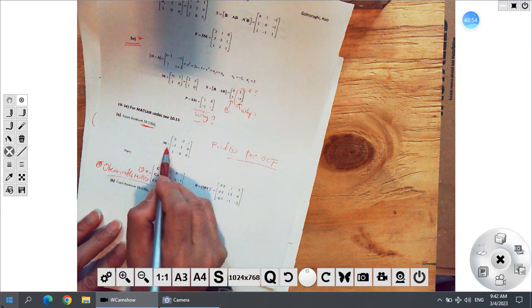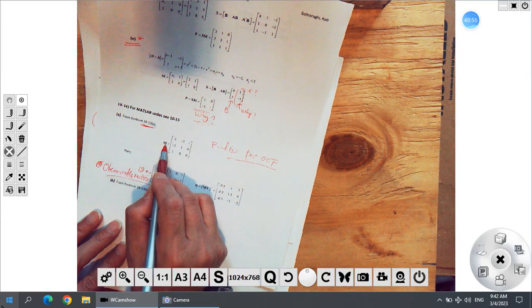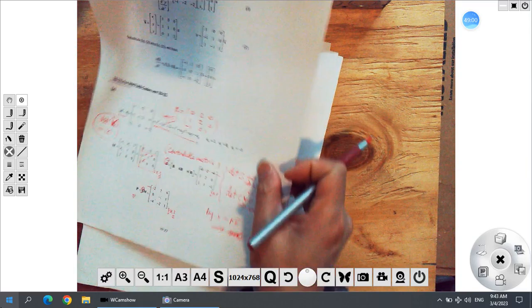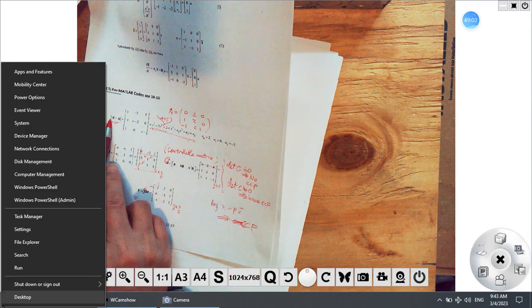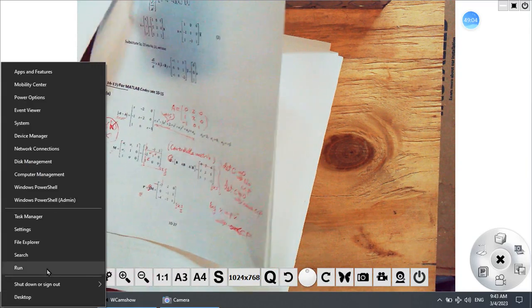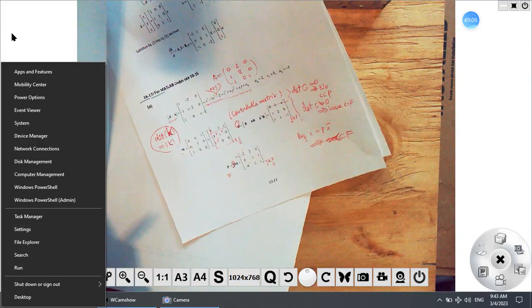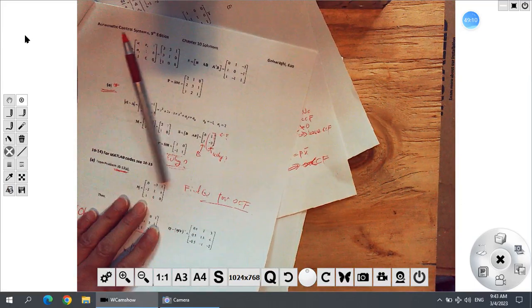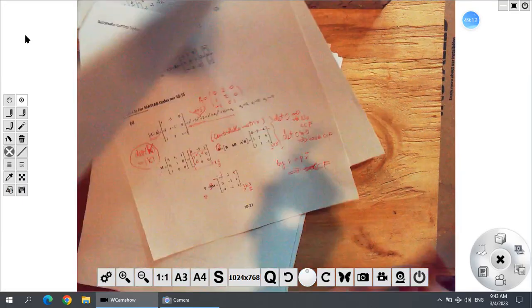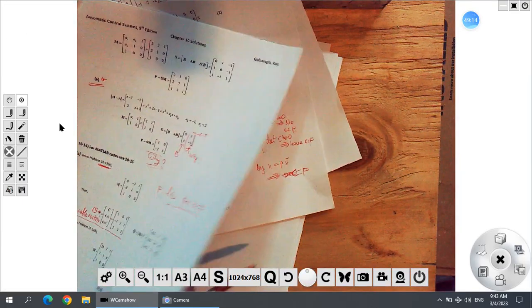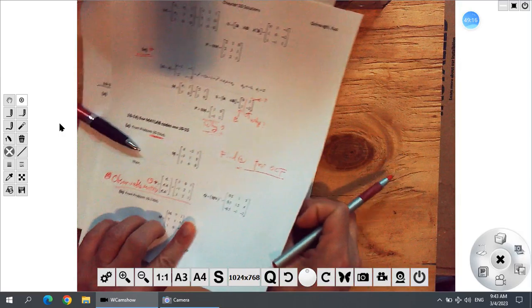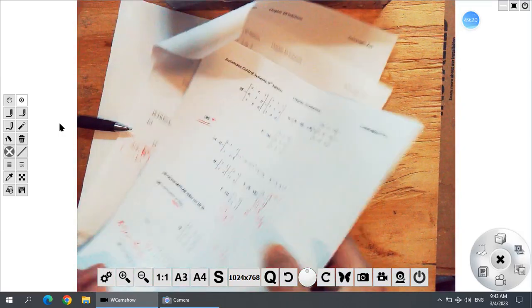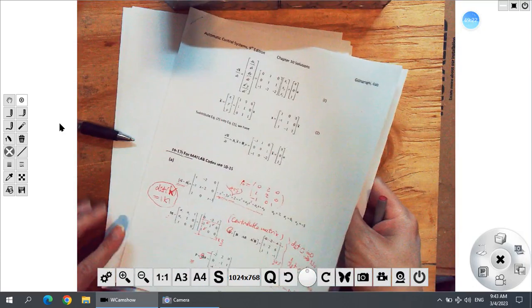So same A. Right, we have this M here. We calculate the determinant of these.